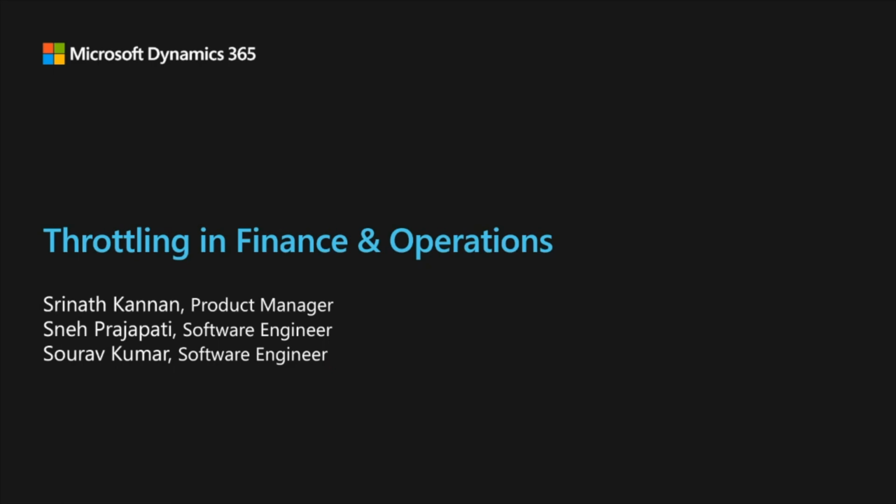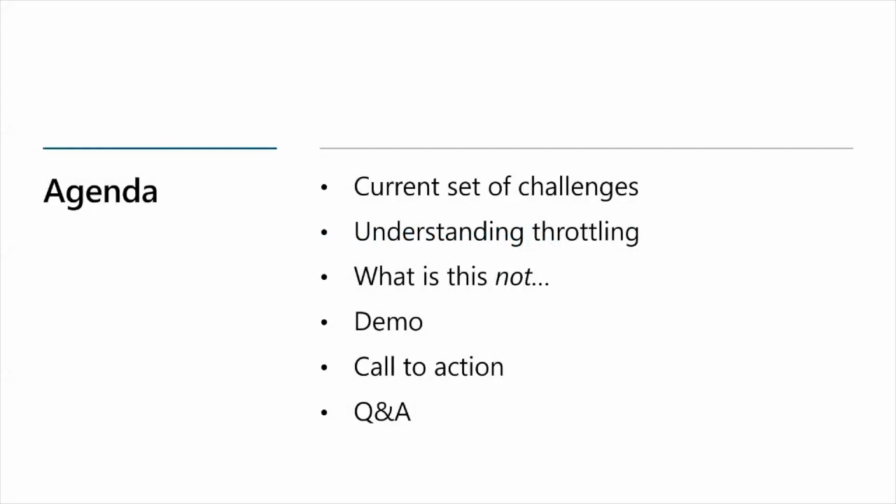So with that, let me get started. What I want to do today in this session is to quickly walk through the thinking process and the hypothesis so that we can connect the dots between why and how we are introducing these service protection settings in the F&O platform.